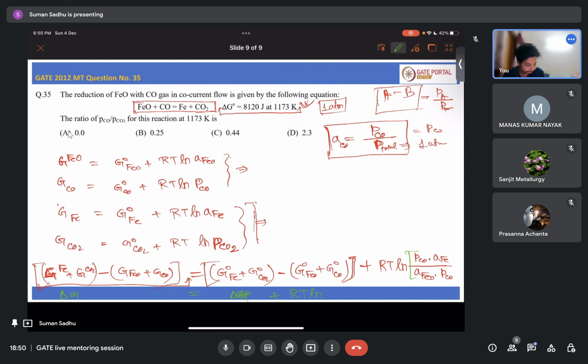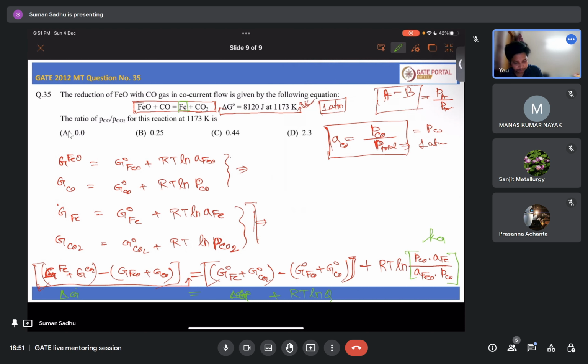When you are at equilibrium, this is termed as K equilibrium, and when you are not at equilibrium, then you write it as Q. In case of equilibrium, you write K equilibrium, and then delta G will be 0. Now in this expression, the activity of iron, which is forming in the solid form and is pure, is 1. So activity of any solid in any reaction is 1.